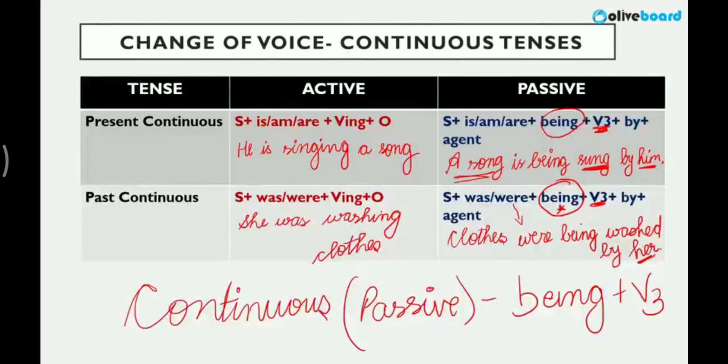Now, if you notice, guys, one thing I will let you know later in the video. Can you see past continuous and present continuous is what I have mentioned. Future continuous is missing, right? It's missing. Why? Because we do not use the future continuous form in passive voice, right? So this is your continuous.